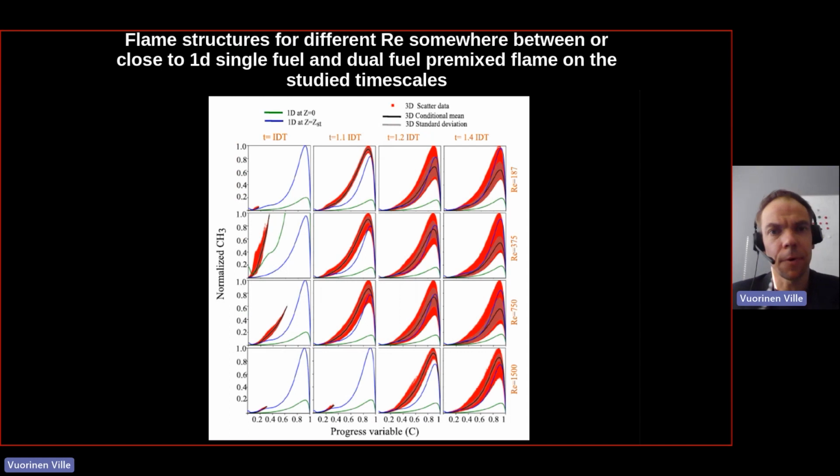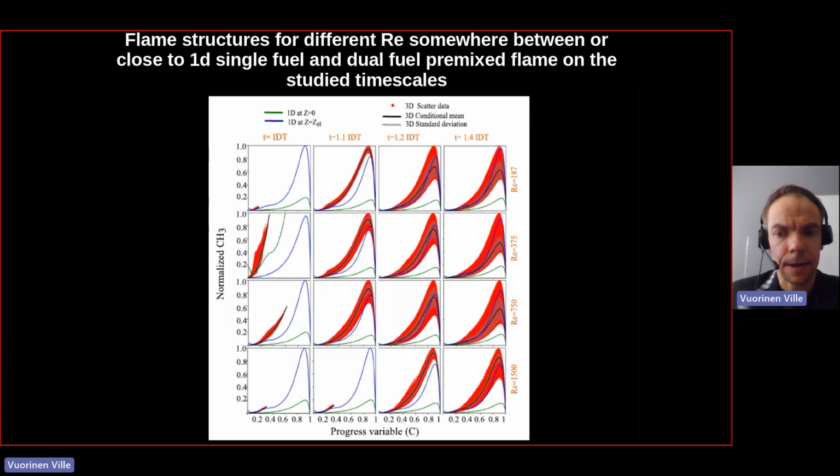The flame structures for different Reynolds numbers seem to be somewhere between, or close to, 1D single-fuel and dual-fuel premixed flames on the studied timescales. Here we are looking at different Reynolds numbers again and comparing the simulation data, the 3D scatter data, as a function of the methane-based progress variable.